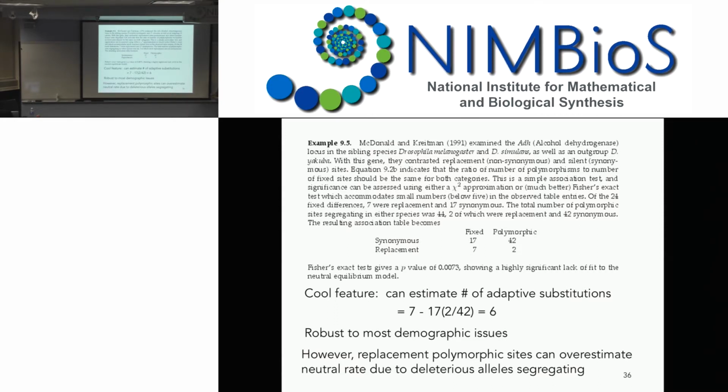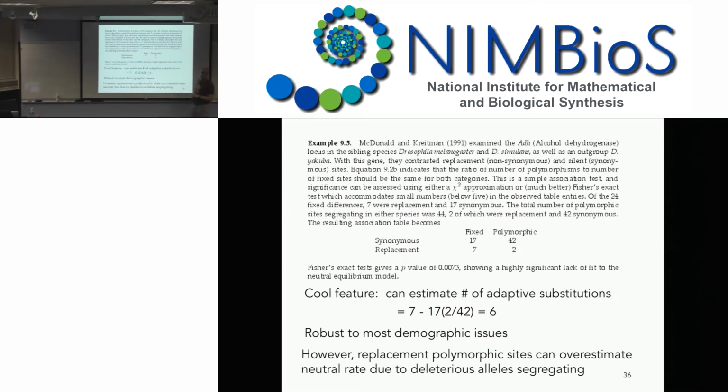How cool is that? If I just use the polymorphism data here, and the synonymous level over here, I can estimate the number of replacement substitutions I should see based upon this polymorphism ratio. So basically take this and multiply by that. I would expect to see on the order of roughly 1 replacement.